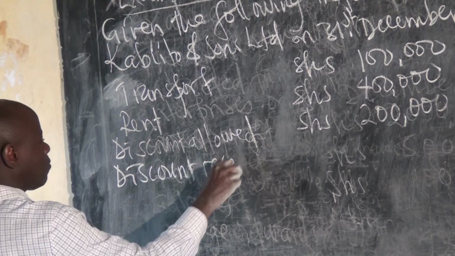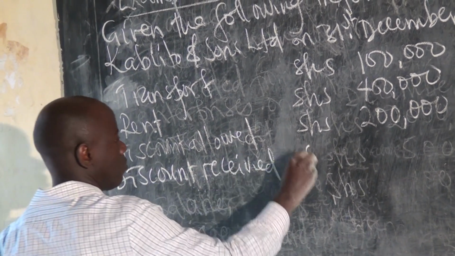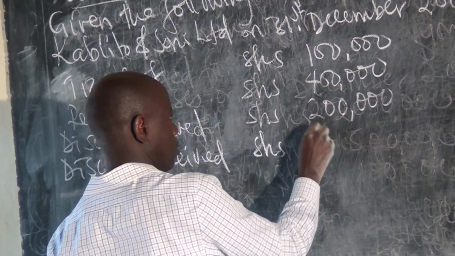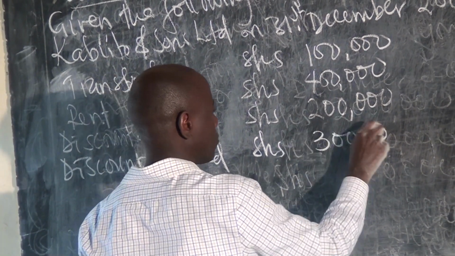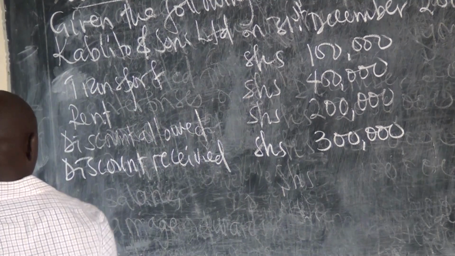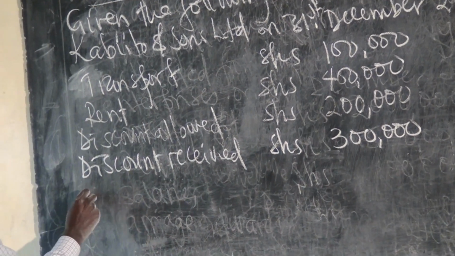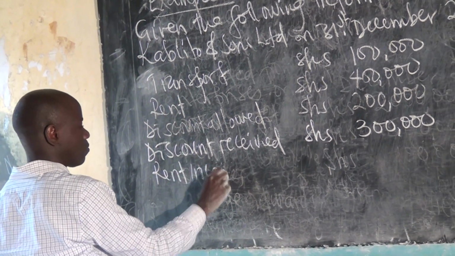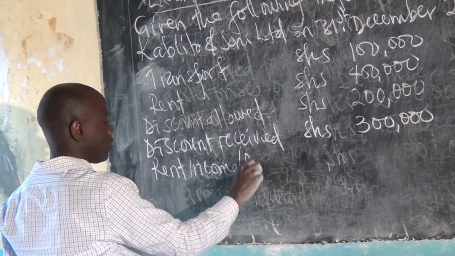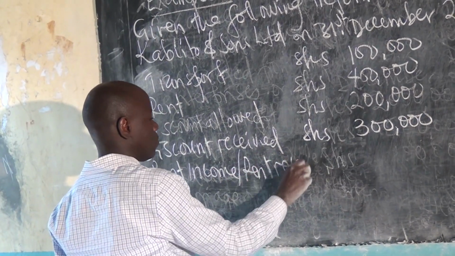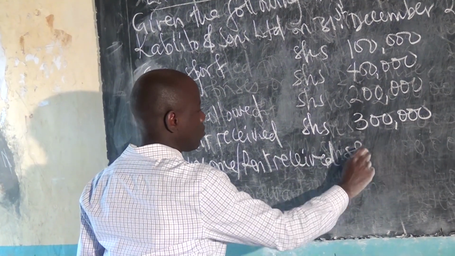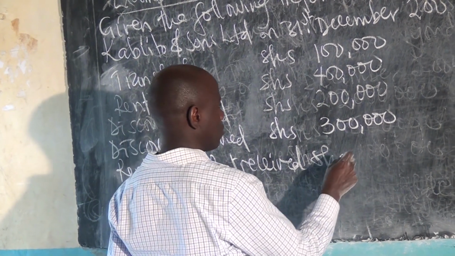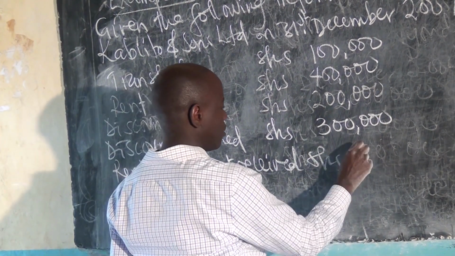Discount received, 300,000. Rent income, someone may call it rent received, shillings 500,000.